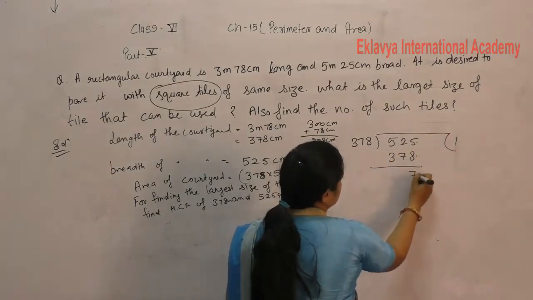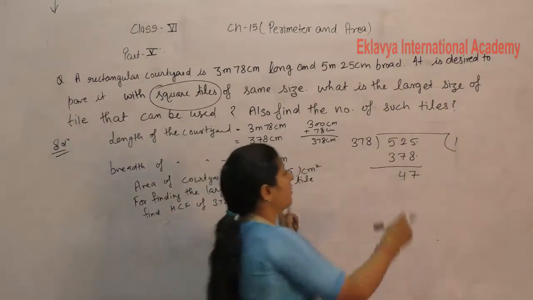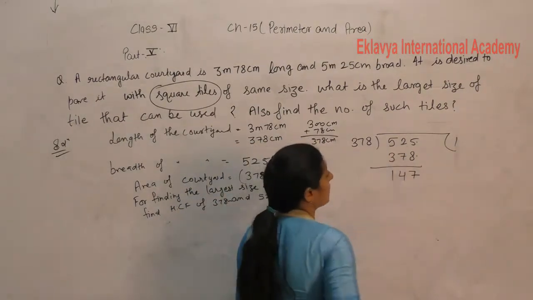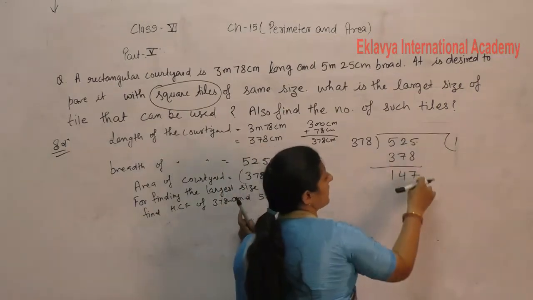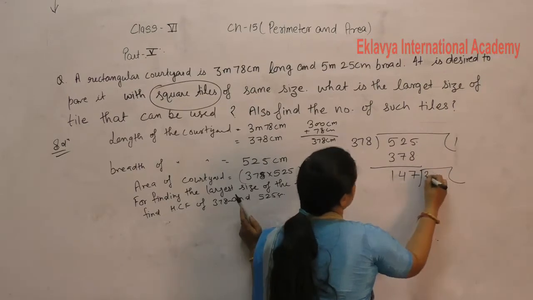15 minus 8 is 7, 11 minus 7 is 4, 4 minus 3 is 1. Again, 15 minus 8 is 7, 11 minus 7 is 4, 4 minus 3 is 1.